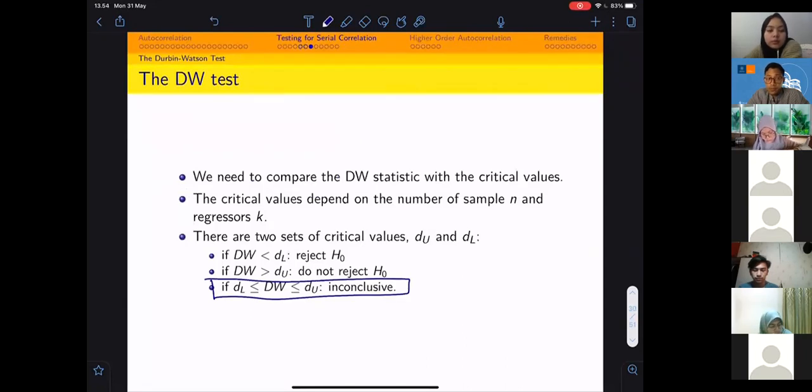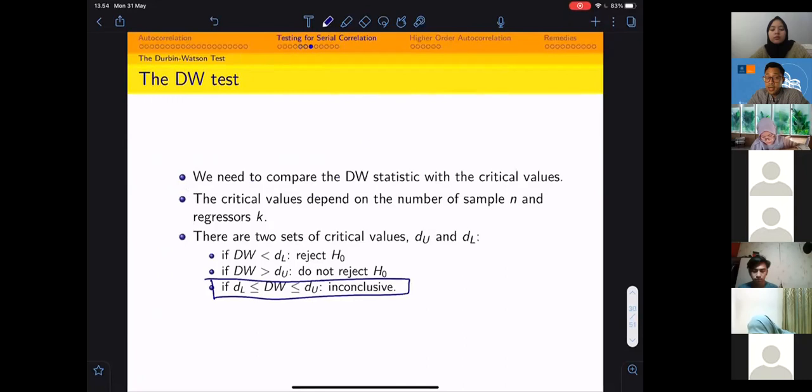Then, the Durbin-Watson test assumes strict exogeneity, and in practice, you may not be able to fulfill the strict exogeneity assumption, so using the DW test is something you don't want to rely on.